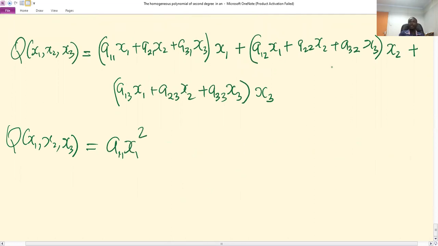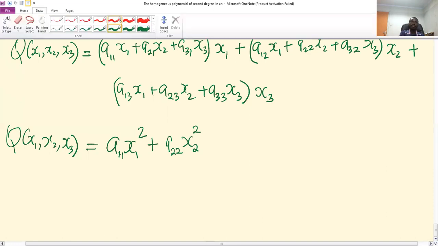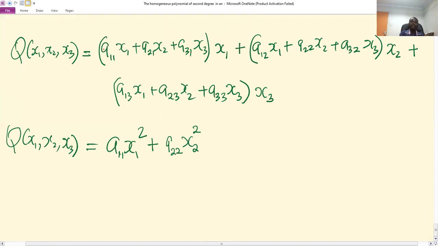And then from this one, when I multiply x2 by this element, I get a22 x2 squared. So I've taken care of this. This one here, plus a33 x3 squared, this by this. I've taken care of this.